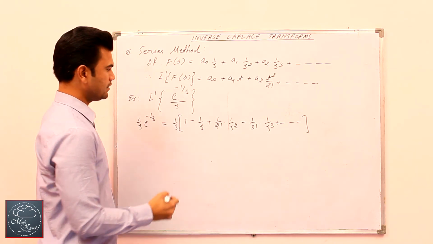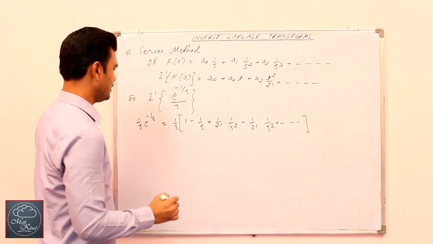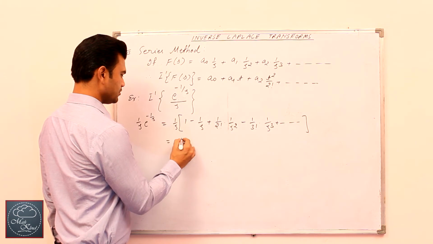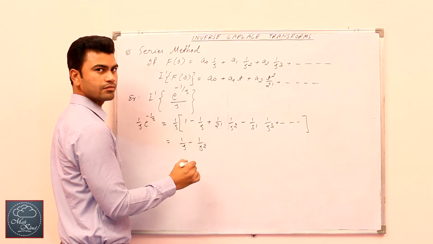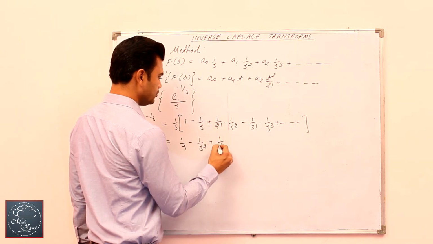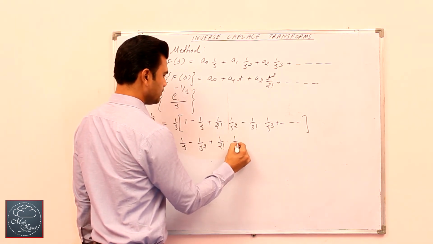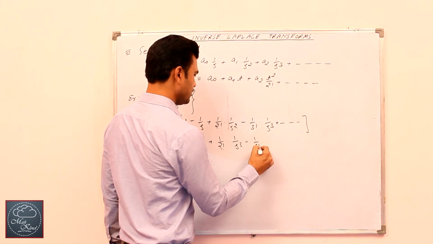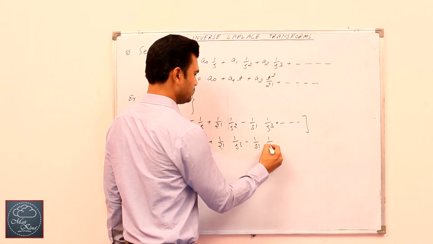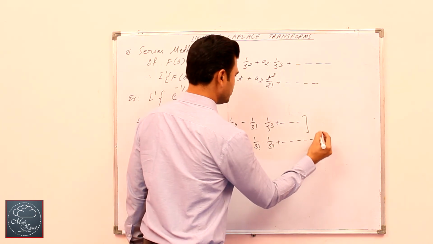And when you take this 1 by s inside, this becomes 1 by s minus 1 by s square plus 1 by 2 factorial into 1 by s power 3 minus 1 by 3 factorial into 1 by s power 4 and so on.